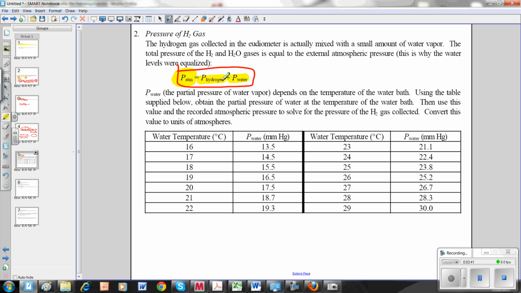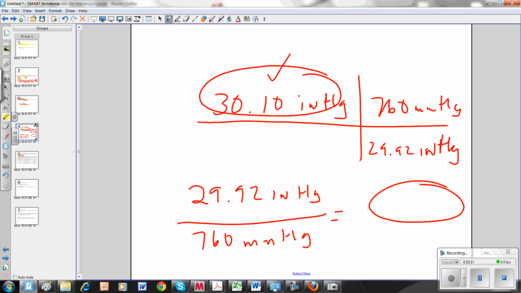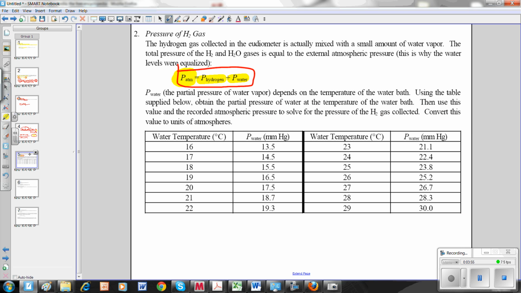We just care about the pressure of hydrogen. So what we have to be able to do is we basically use the total pressure, whatever it comes out to be. So you convert it using this one, whatever your answer is here. Whatever your answer is here after you do this grid, you're going to take that and you're going to come down to the chart. Let's say hypothetically your temperature of your water was 28 degrees Celsius. You're going to subtract 28.3 millimeters of mercury from that, because that's the pressure of water at that given temperature.